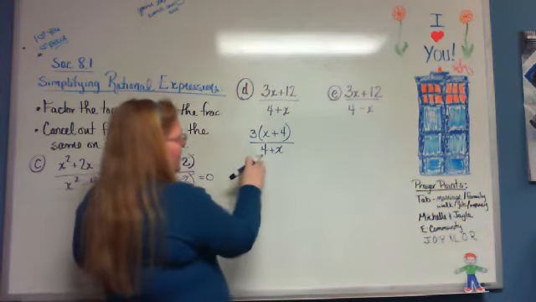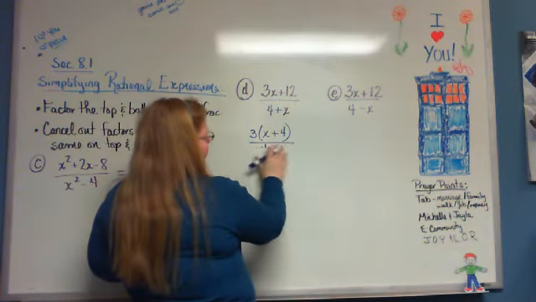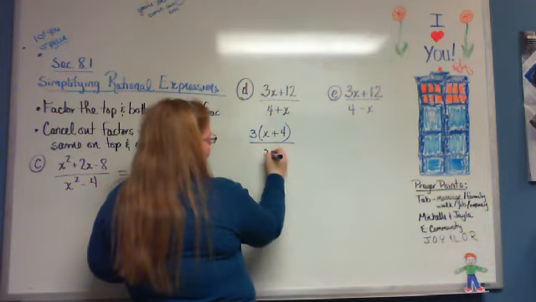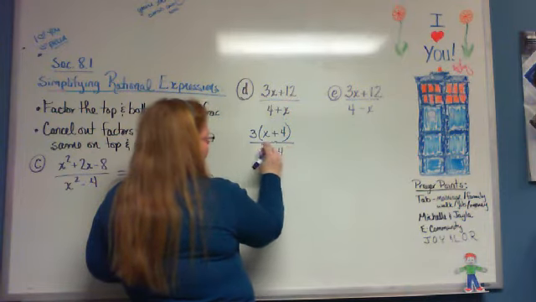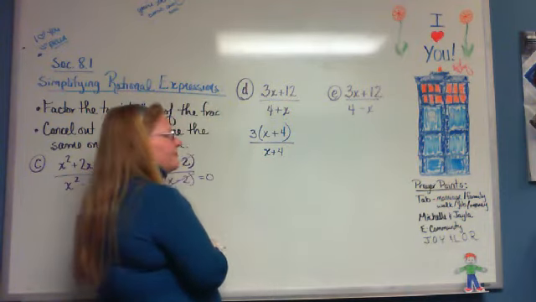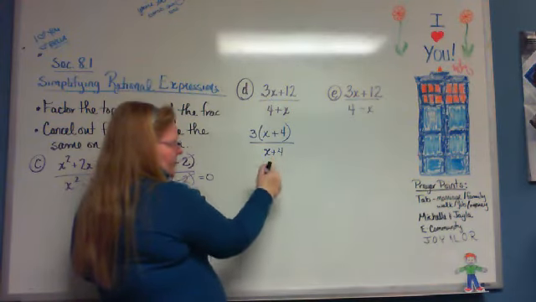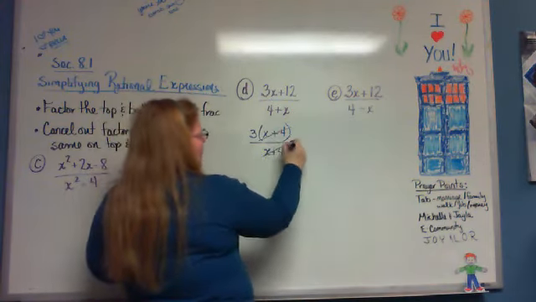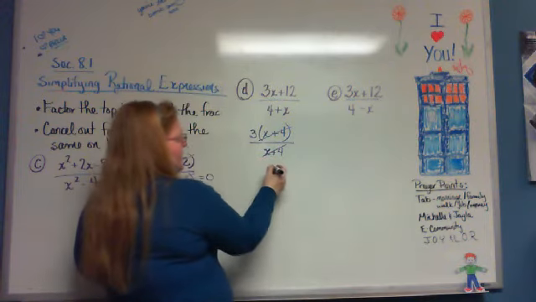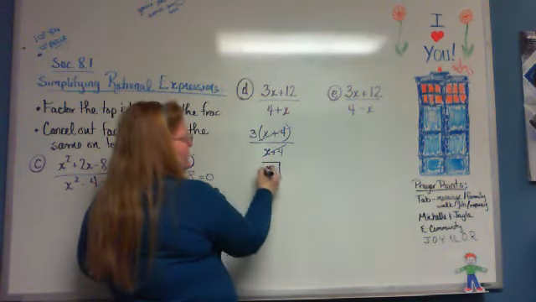So instead of me writing the bottom as 4 plus x, I can write x plus 4, because it's addition. So now I can cancel those out, which just leaves my answer as 3.